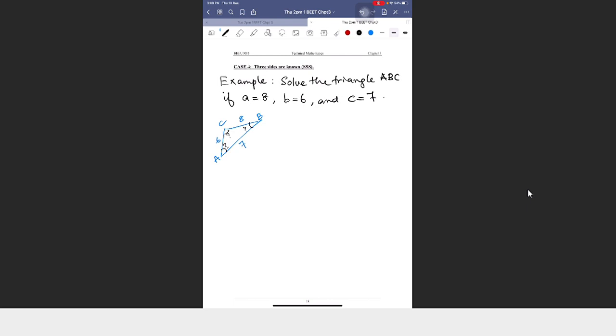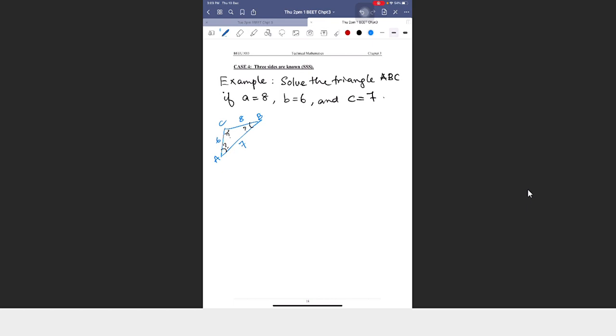You can actually start off with any angle, whether it's A, B, or C. But there is a guideline, or a suggestion, that you might want to find the largest angle first, which means you are referring to the longest side, because the largest angle is the one opposite the largest side.